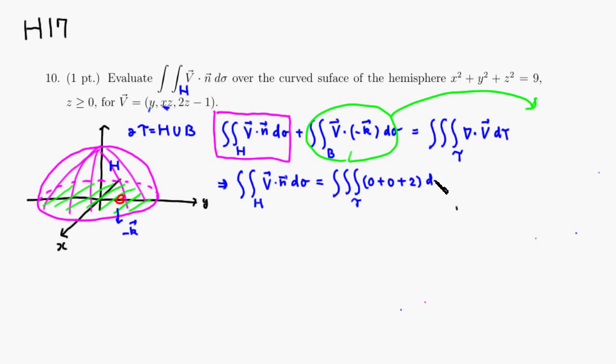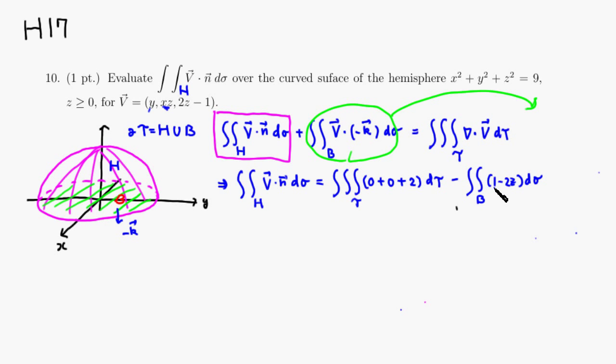So d tau, and a minus, then you have the double integral over the base B. Negative k is (0, 0, negative 1). If you dot product it with (y, xz, 2z minus 1), it's just going to be negative 2z plus 1, so it's 1 minus 2z, d sigma.